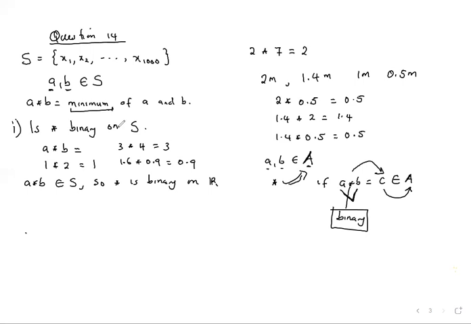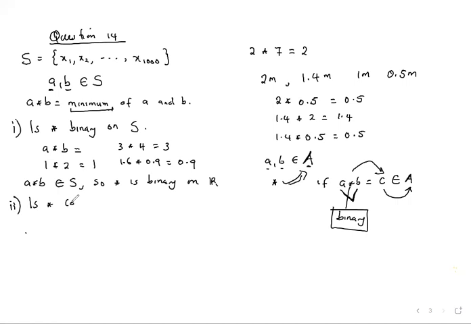So A star B is always a number from S, where the numbers in S are just the heights.